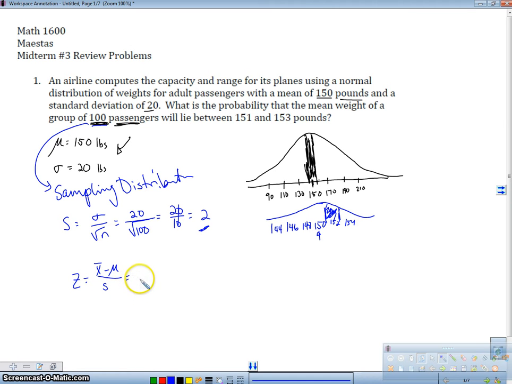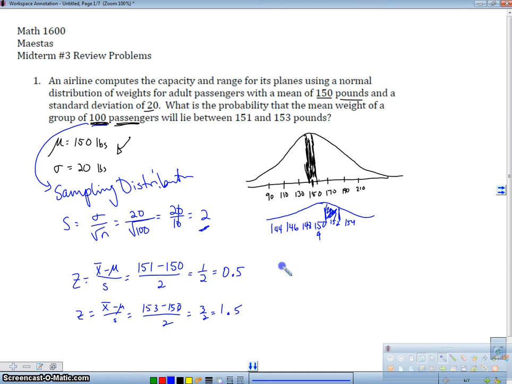So we're going to do both of them. 151 minus mu, which was 150, over s, which we found was 2, and that's going to give me 1/2. I like them in decimal here. And my other z is x bar minus mu over s, which is 153 minus 150 over 2, which gives me 3/2, which is 1.5.